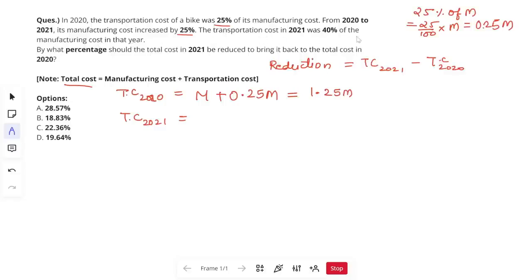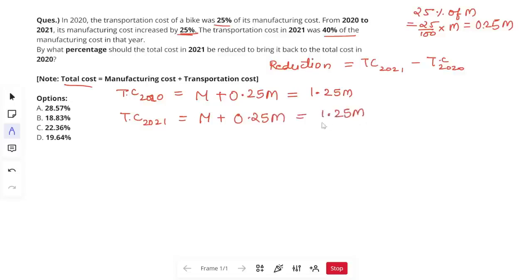So manufacturing cost in 2021 will be M, again because we are not given the manufacturing cost here also, so we consider it in terms of M, and then we add 25%, because it is increased by 25%, so 0.25 M. This will also be 1.25 M.